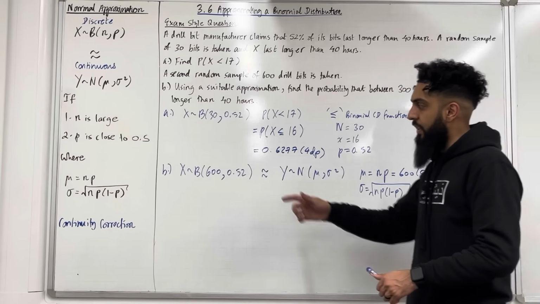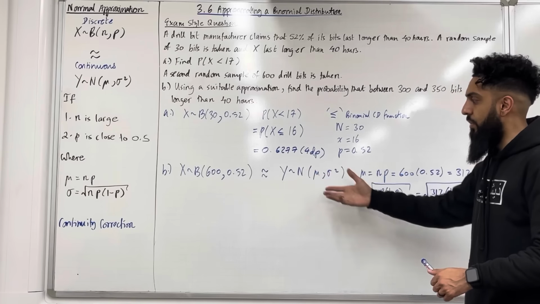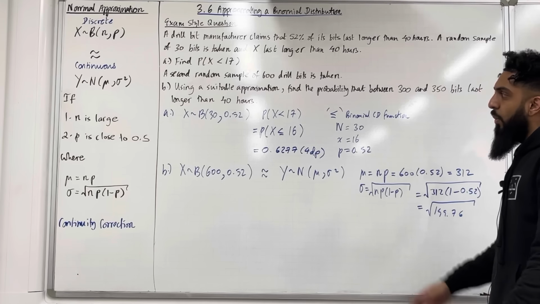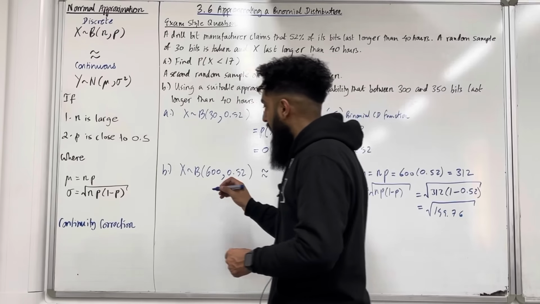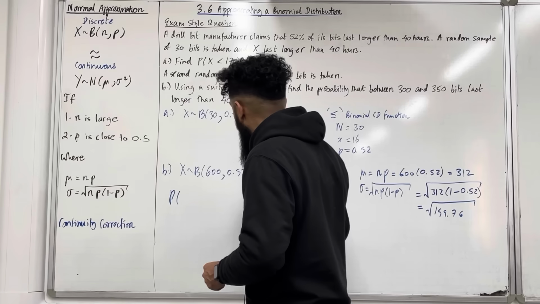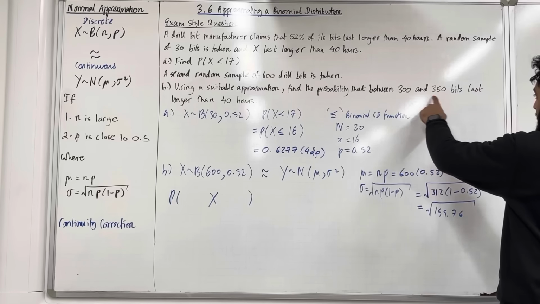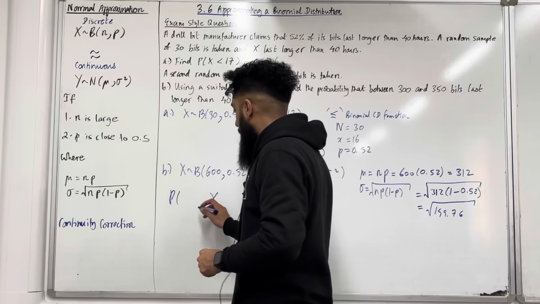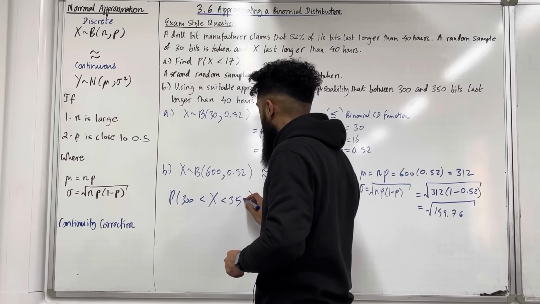I've taken the discrete binomial distribution and approximated it with a continuous normal distribution. That was my suitable approximation. Now the probability that we're trying to calculate is the probability that x is between 300 and 350.